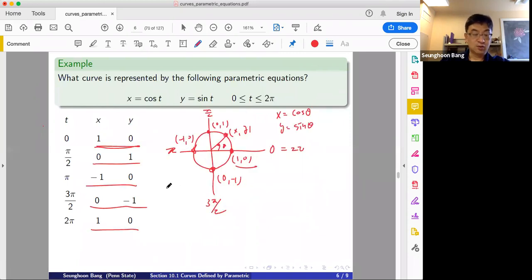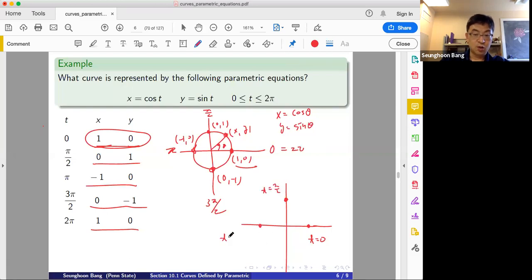The next one. What about a graph? The graph is exactly a circle. You already plot this kind of thing. You can plot 1, 0 here, t equal to 0. Here 0, 1, t equals pi over 2.